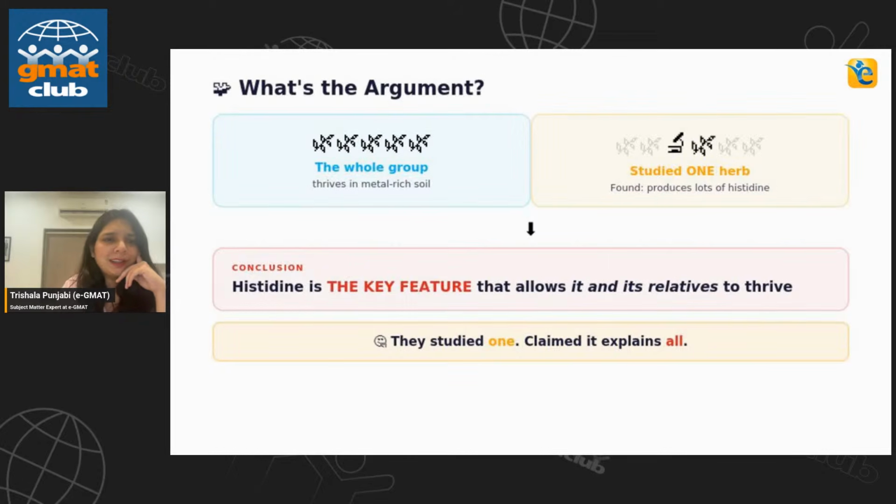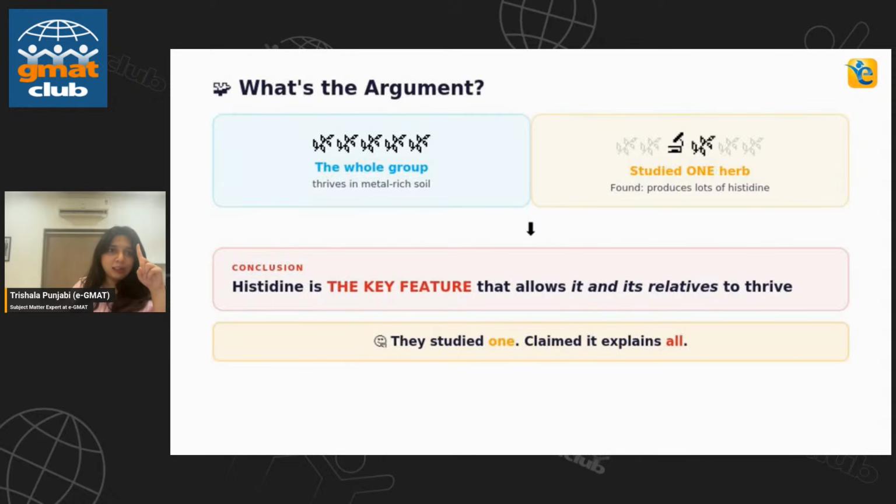So what exactly happened here? If we look at the gap in the argument, what did the researcher do? The actual thing was that the entire group is thriving in metal-rich soil. The researchers studied one herb. They found that this herb produces lots of histidine, and they concluded that it is the key feature that allows it and its relatives to thrive.